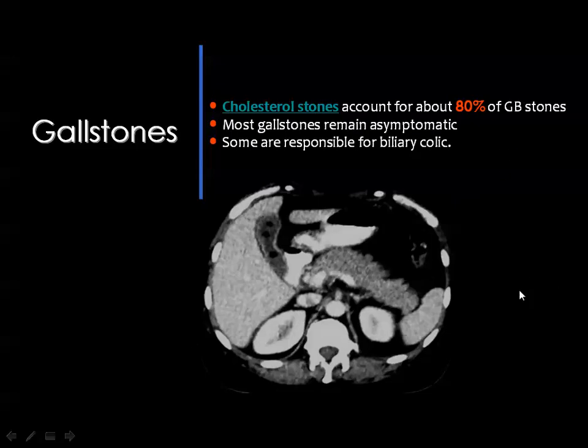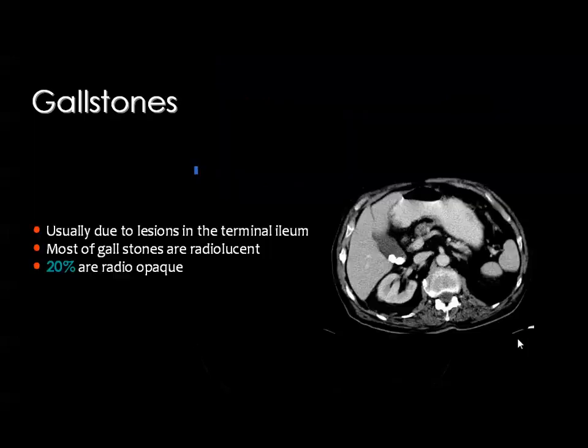And you know, cholesterol belongs to the fat containing structures, and the fat appears in the CT scan as hypodense. Then you can see two extremely hypodense calculi inside the gallbladder, and you compare the hypodensity of fat with the hypodensity of the fluid inside the gallbladder.